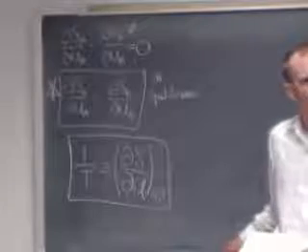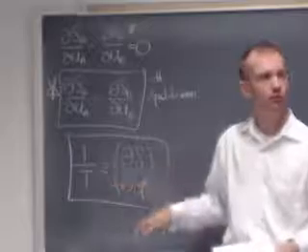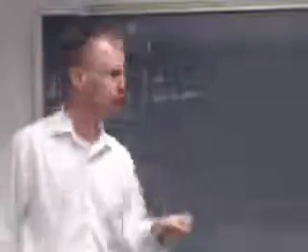By the way, isn't it just mathematically a little awkward to have to deal with this derivative being 1 over the temperature? Remember what a derivative is. A derivative is a ratio of small changes.